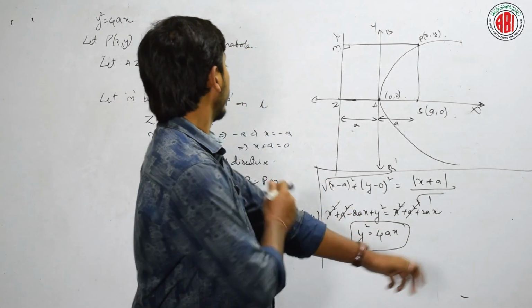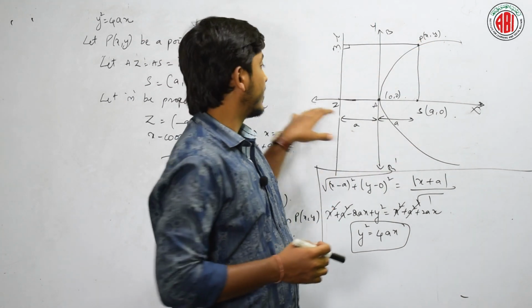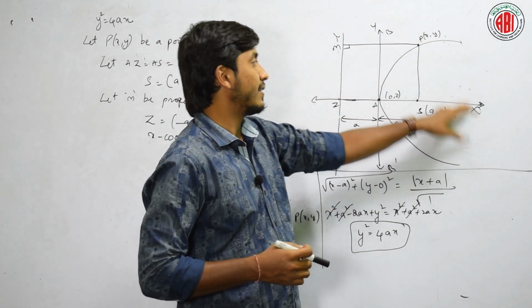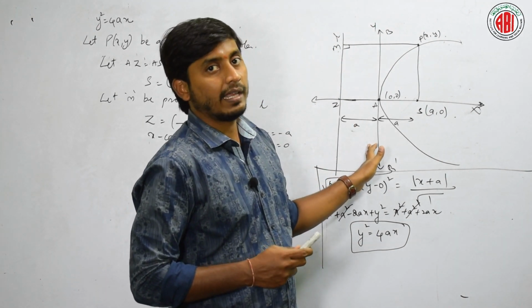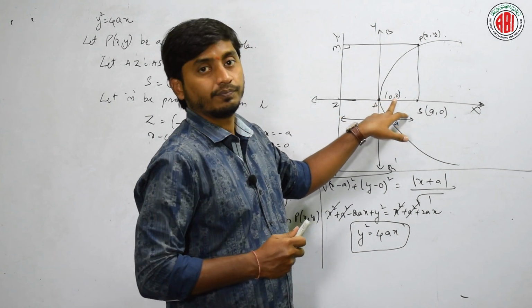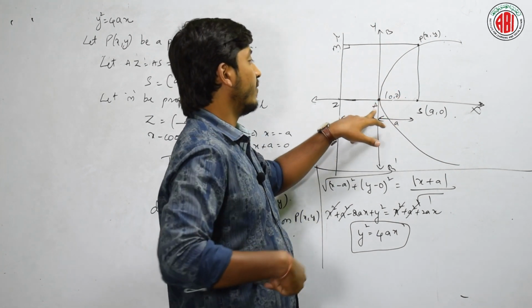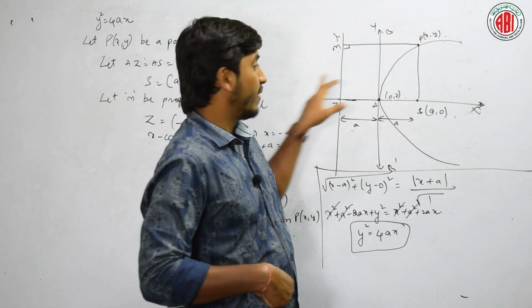Is it right? First thing you have to remember is this is a parabola whose axis is the x axis, and this is a line on the y axis. Clear? Then the joining point will be the origin. So, the vertex is the origin, this is called the vertex. Fine.